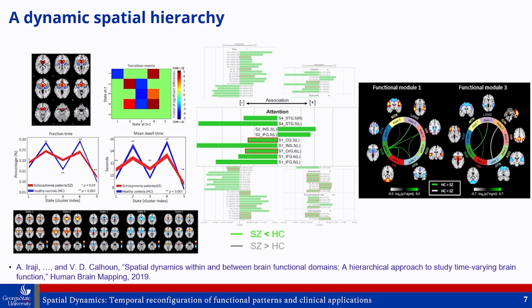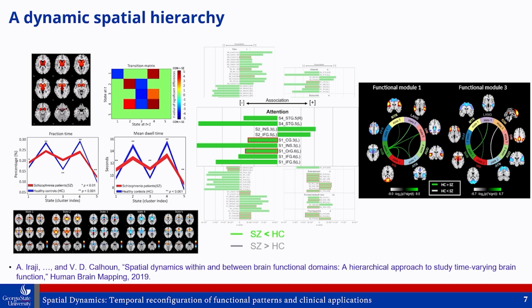So we saw across different measurements, for example, the number of transitions between different states, the fraction rate, and mean dwell time, a significant difference between the two groups. For instance, we see individuals with schizophrenia spend less time in the coherent states 2 and 4, which is also consistent with the disconnectivity hypothesis.